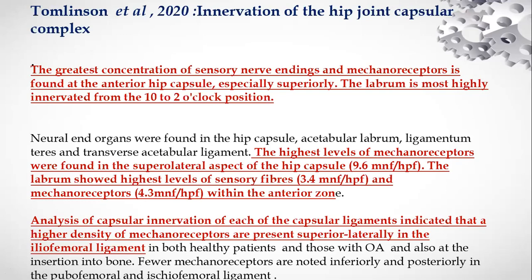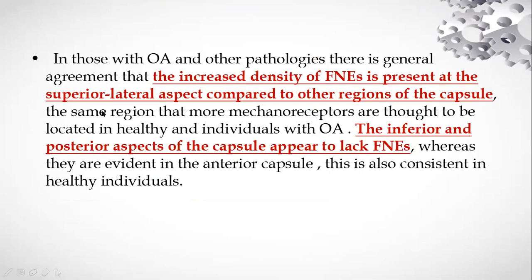Overall, the innervation of the hip is quite varied. The important part here is that the inferior and posterior parts of the capsule appear to lack free nerve endings, suggesting that their innervation is probably not as contributory to the pain sensation that is felt.